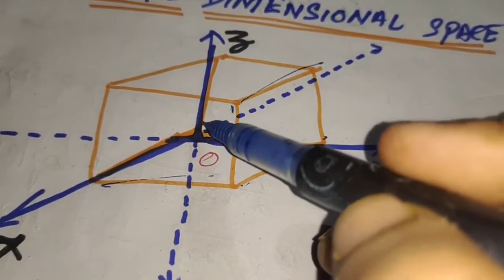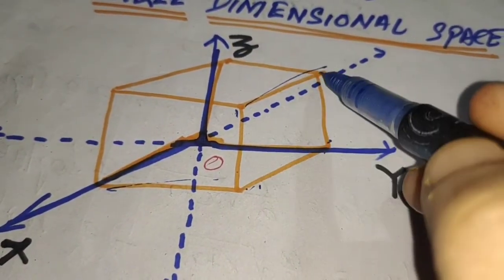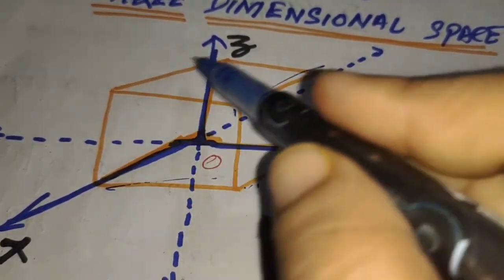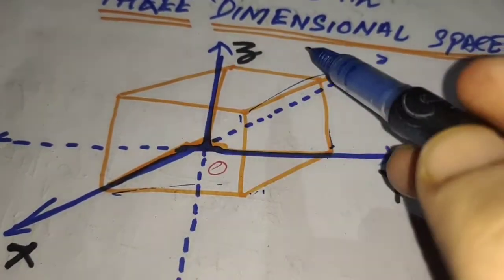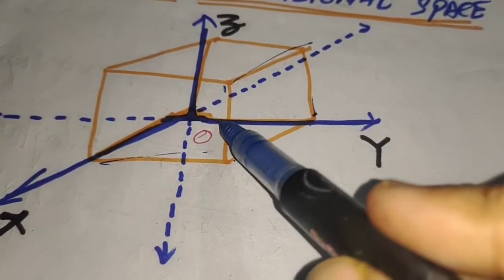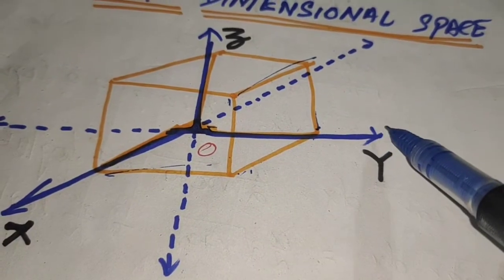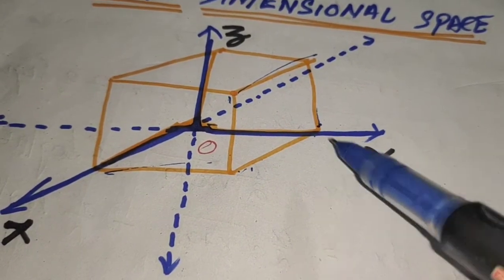The edges that define height, these are the edges which represent the height of this particular cuboid, then it is the z axis. The next one is the edge which represents the horizontal line. It is the y axis.